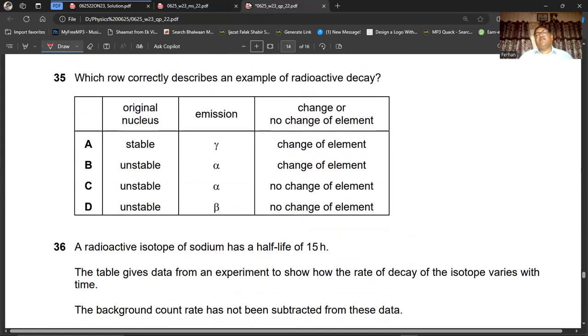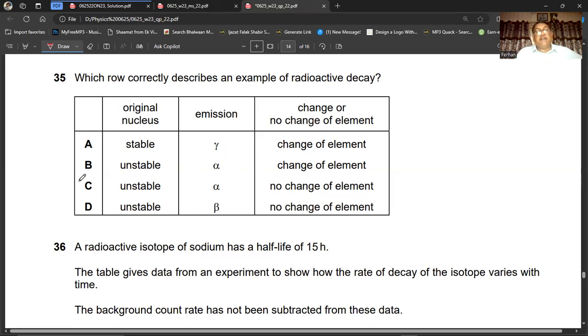Then we have question number 35. Which row correctly describes an example of radioactive decay? In radioactive decay, the original nucleus is unstable. And when it emits alpha or beta, a new element is formed. It changes into a new daughter element. So the original nucleus is unstable, and if it gives out alpha, there will be a change of element.